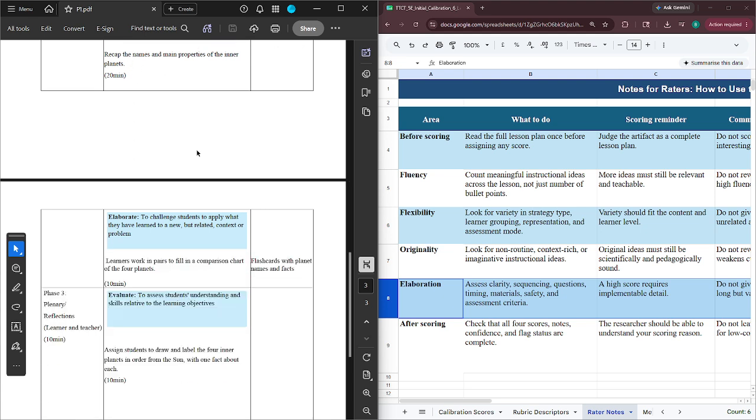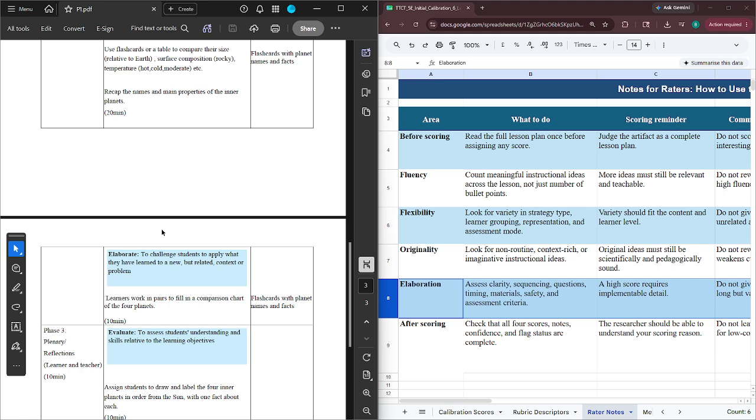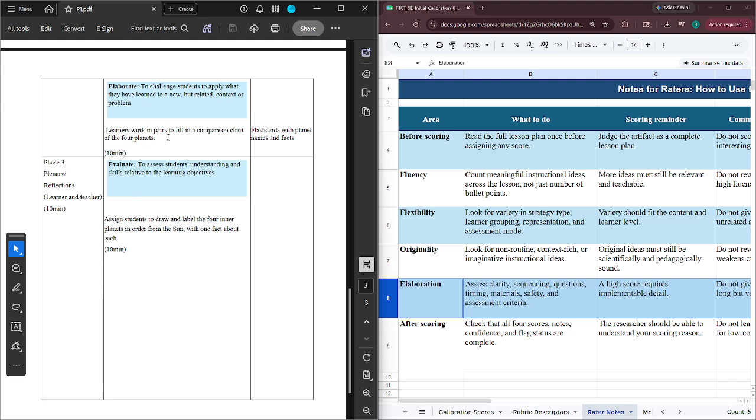And then there's a recap, and then learners work in pairs. So work in pairs. This one will not be considered because it doesn't actually give any kind of instruction or activity that is that meaningful. Then learner works in pairs.